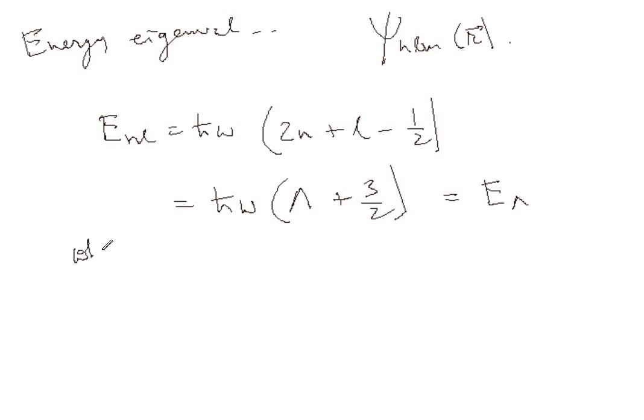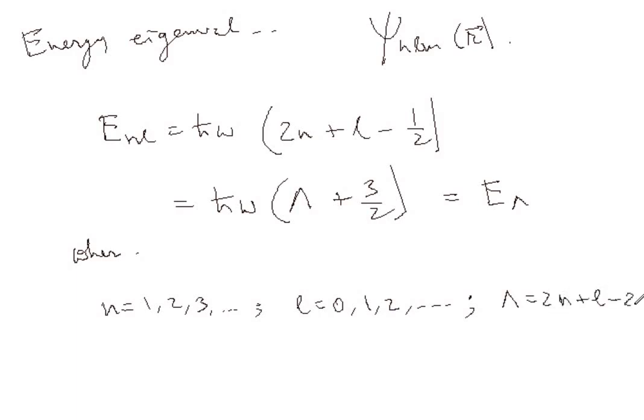Here n is equal to 1, 2, 3, and so on, l is equal to 0, 1, 2, and so on, and lambda is equal to 2n plus l minus 2.